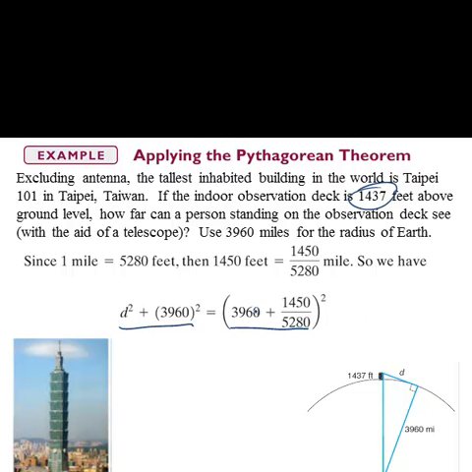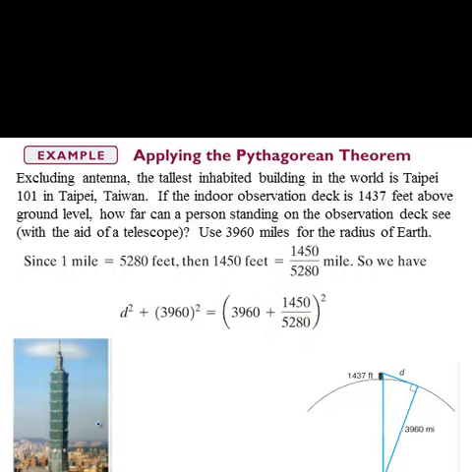Remember, the 3,960 plus 1,450 over 5,280 miles is the total distance from the top of the building down to the center of the Earth. So we have this relationship. That means d has to be in miles when we solve for d, because this is in miles and this is in miles.